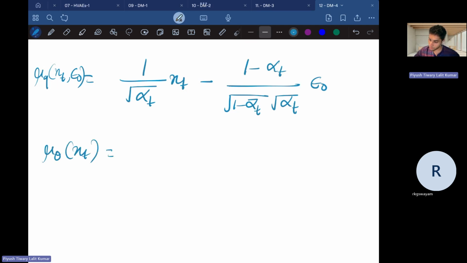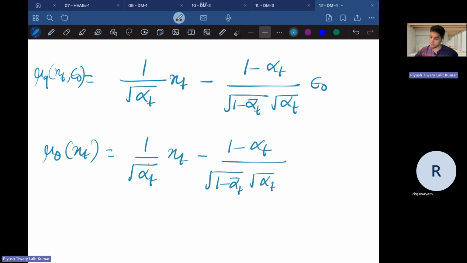What we can do is, we know xt, right? So the first term, we can write it as it is. So this will become 1 by root alpha t xt minus, these scalars are predefined, so we already know them. So this is 1 minus alpha t divided by square root of 1 minus alpha t bar, square root of alpha t. However, here is the catch. We don't know what is epsilon naught, right? We don't know what was the noise that was added to x naught in order to obtain xt.